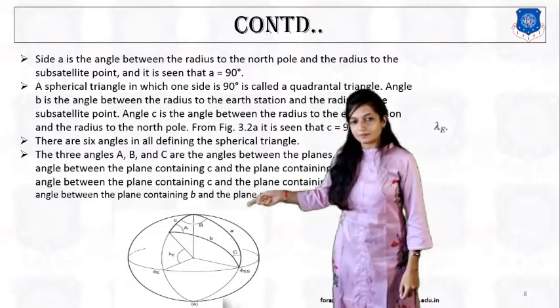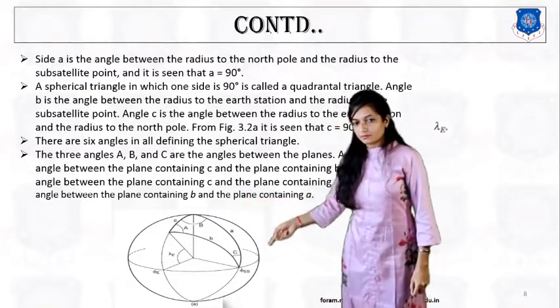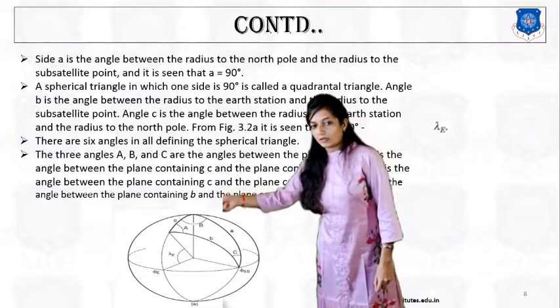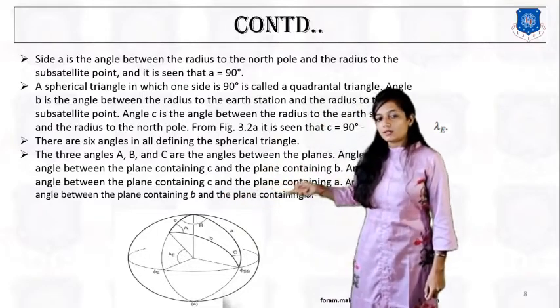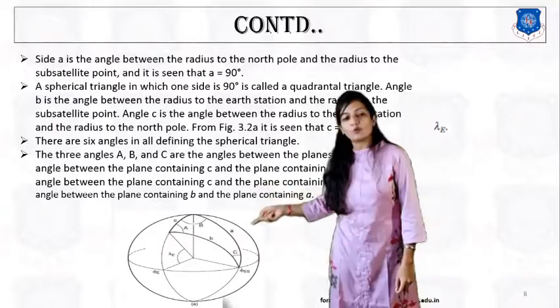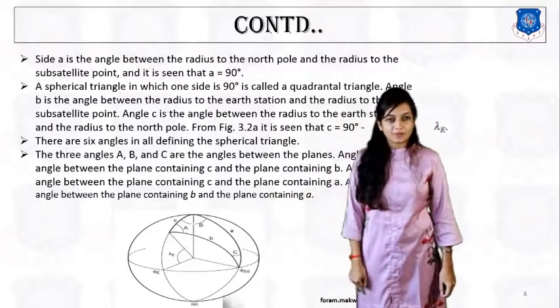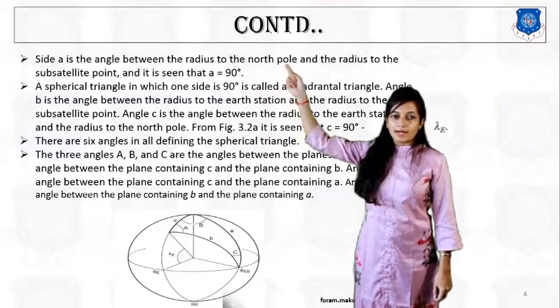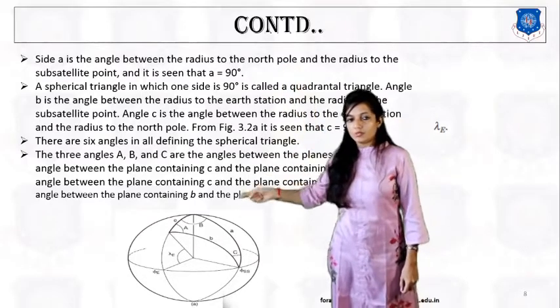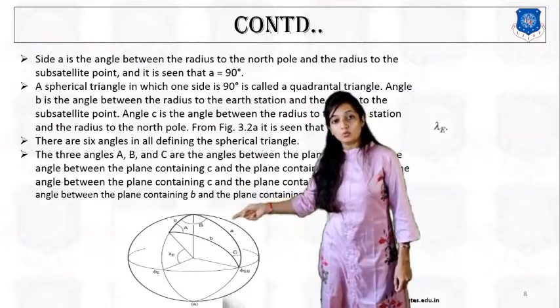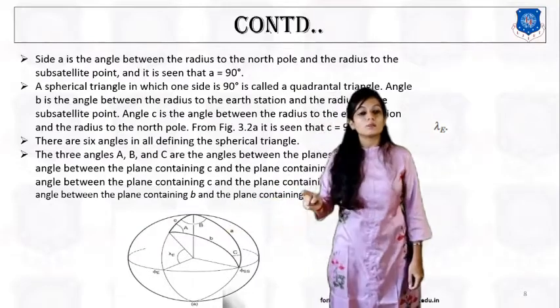Sorry, this dark arc for small c, side small a and side small b, what does it represent? The side a is the angle between the radius to the north pole and the radius to the sub-satellite point.